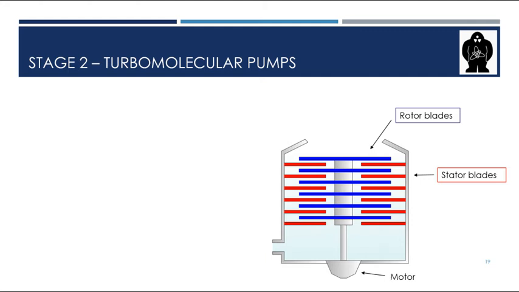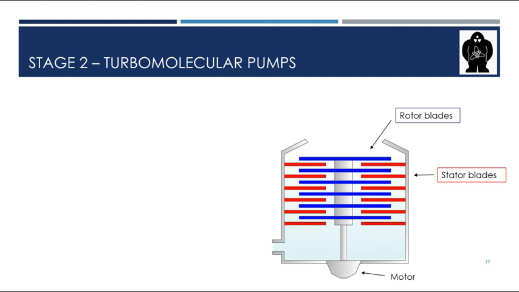On this slide, you can see the inside of the turbomolecular pump. It consists of stationary stator blades in red and of rotor blades in blue, which spin extremely fast. Molecules of air, which we are trying to get rid of, travel at certain speeds. This speed is called the mean thermal velocity.